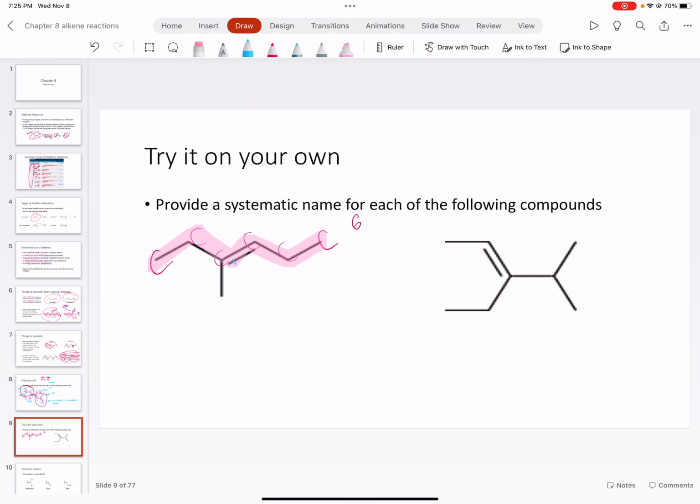And then we can circle our substituents, which is only 1, and it's a methyl. So after that, we can number our substituents. We want our alkene to have the lowest number possible. So if we start from here, 1, 2, 3.